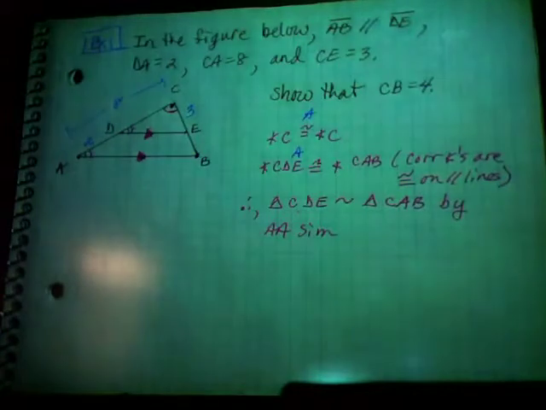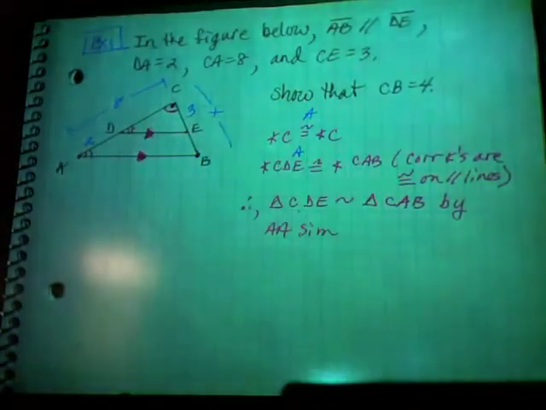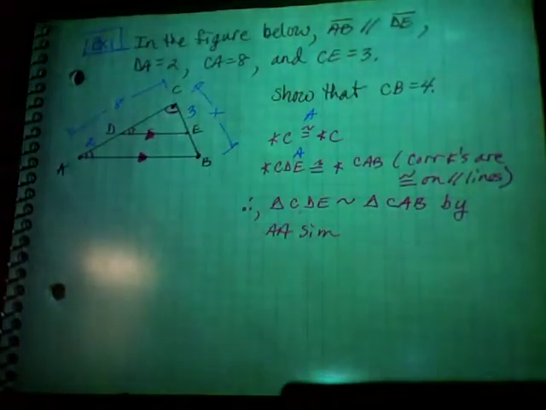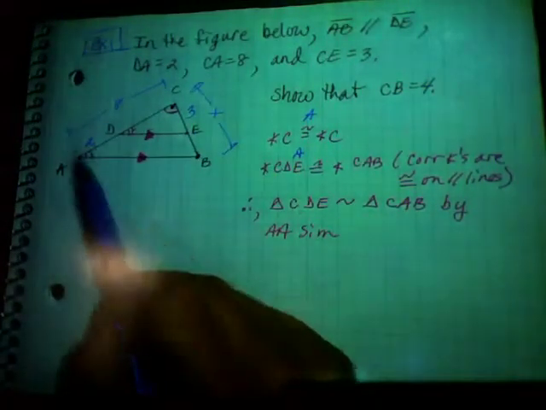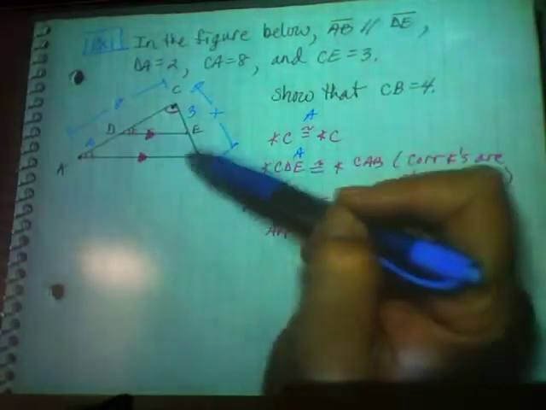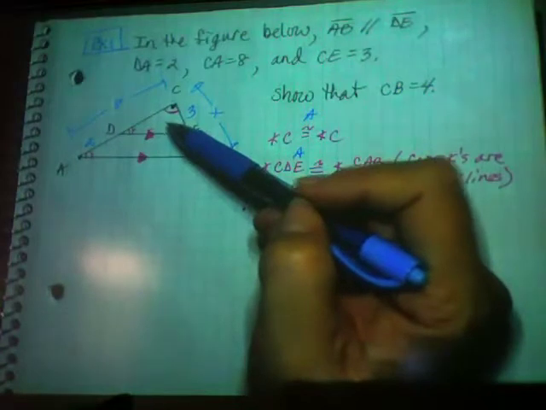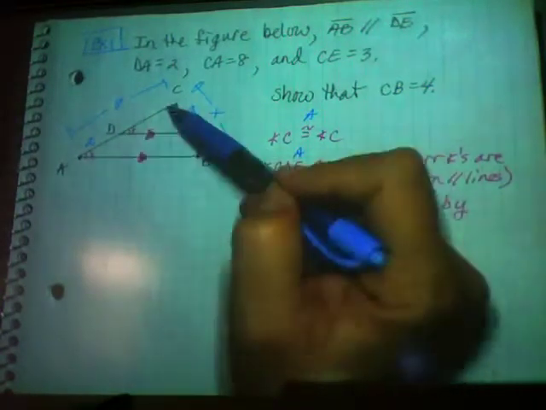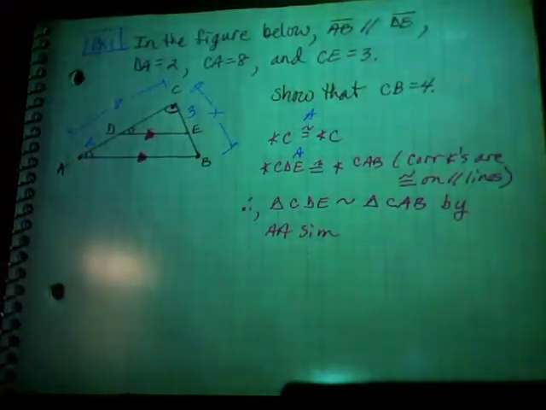So what I would prefer is to let that be X, and we'll go from here to here. Eight is this side on the big triangle. What side on the small triangle corresponds to 8? DC. Do you know the measure of DC?